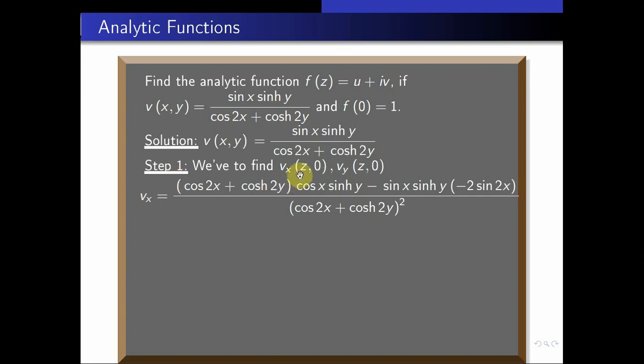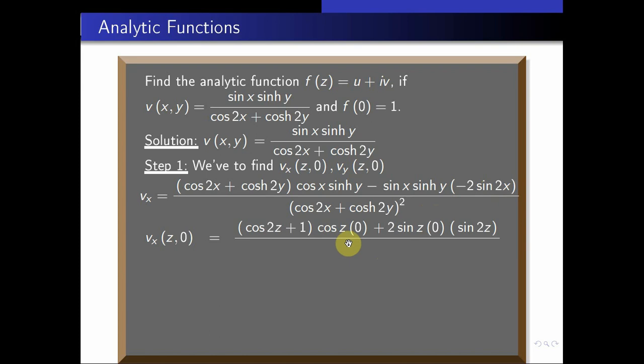Now in this one I am going to replace x by z and y by 0. So Vx of z comma 0 is equal to cos 2z plus cosh 0, and the hyperbolic function cosh 0 value is 1, into cos z sinh 0. Sinh 0 value is 0. Here this minus and this minus will become plus 2 sin z sinh y, which again becomes 0, into sin 2z.